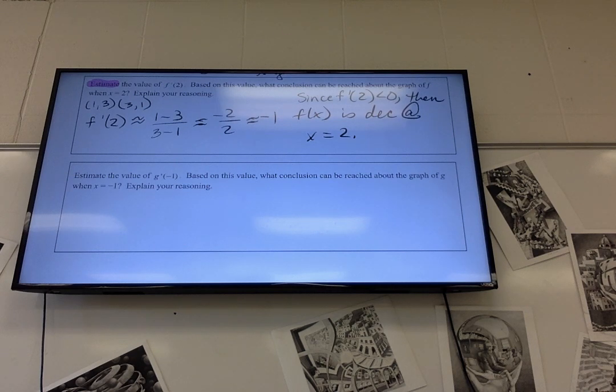Estimate the value of g prime of negative 1. Okay, so you do the same thing, only now this one's g. I think there's no negative 1. And there was no 2 in the graph either.